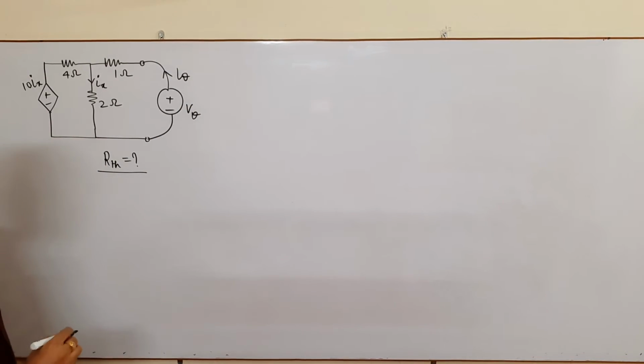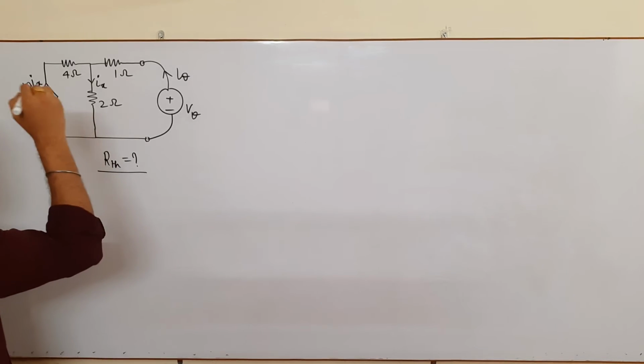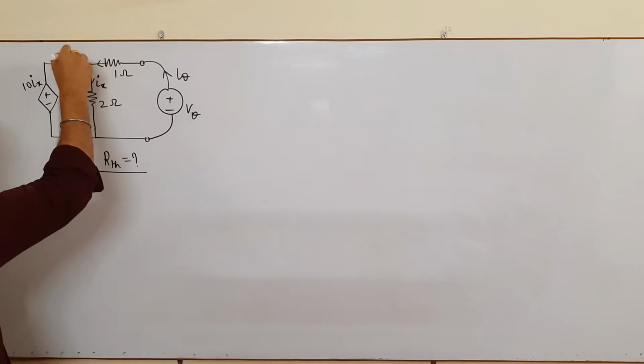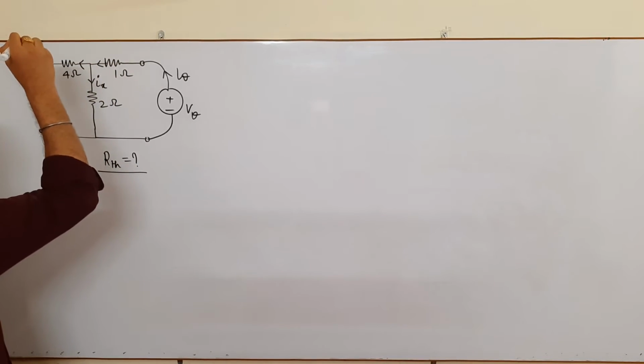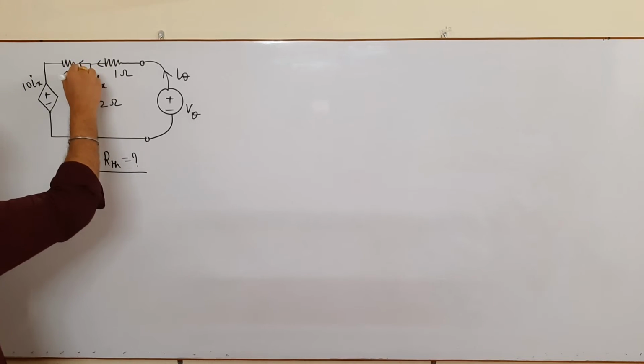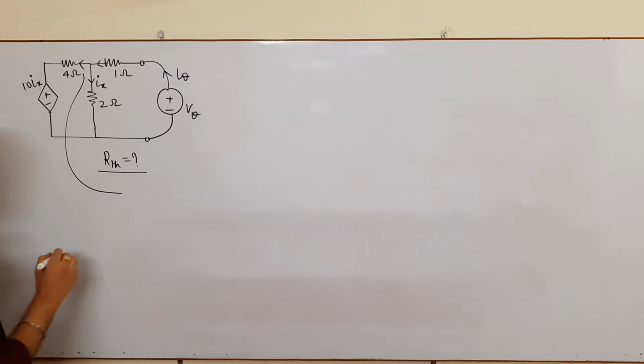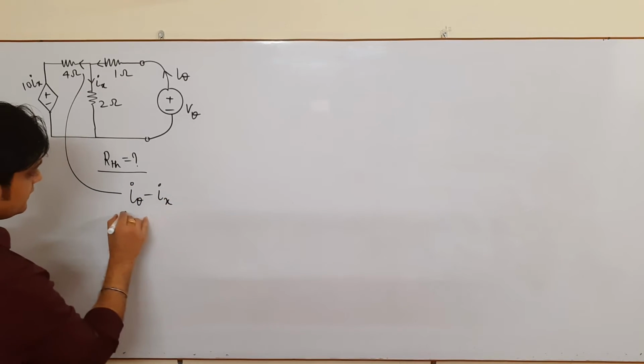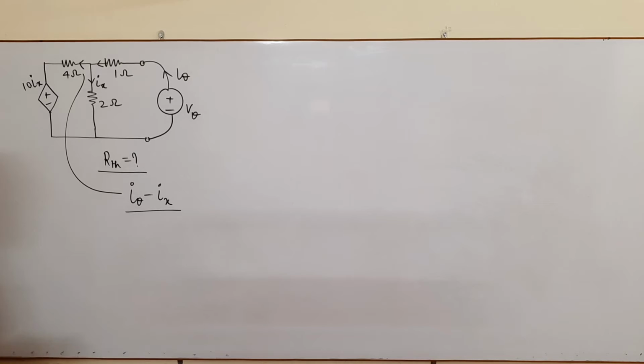Okay, now if you see, this is the current I theta flowing here, and if you find this current, what is this current? You can say it is I theta minus Ix. Yes, I theta minus Ix is the current which is flowing here.